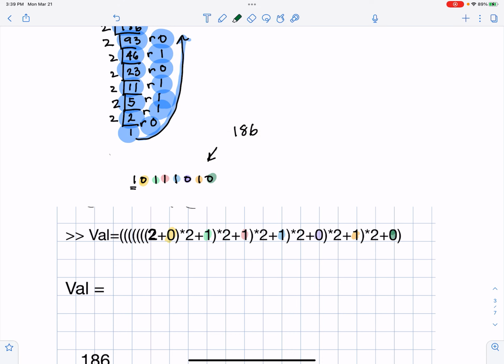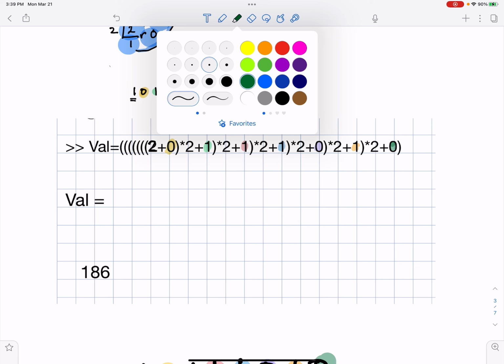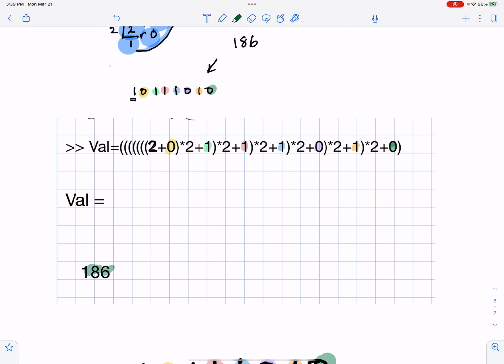That gives you an expansion working essentially backwards from the most significant bit down to the least significant bit. And from there, you get the value. If you plug this into MATLAB, sure enough, the value turns out to be 186, like you would expect. So that's the basis of doubling.